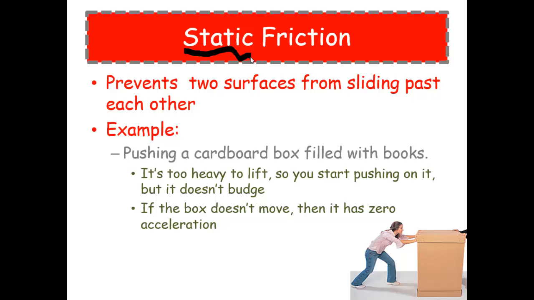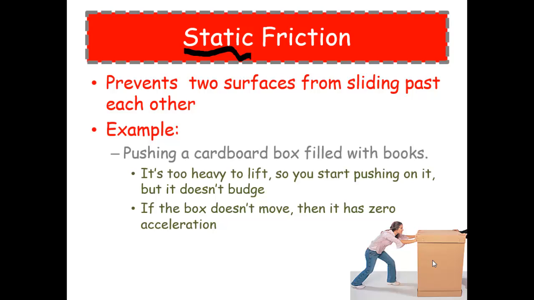So static friction prevents two surfaces from sliding past each other. Basically static means that there's no movement. I put an example over here: you're pushing a cardboard box filled with books, and it doesn't move. Static friction is the friction that doesn't allow it to move. So this box isn't moving.